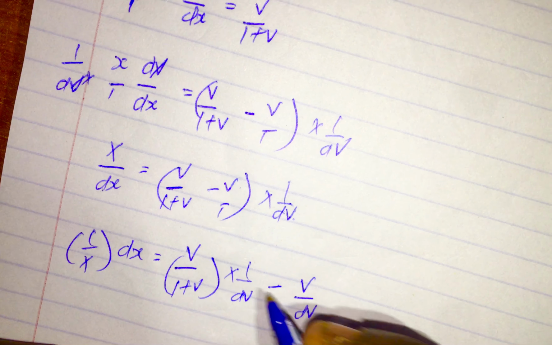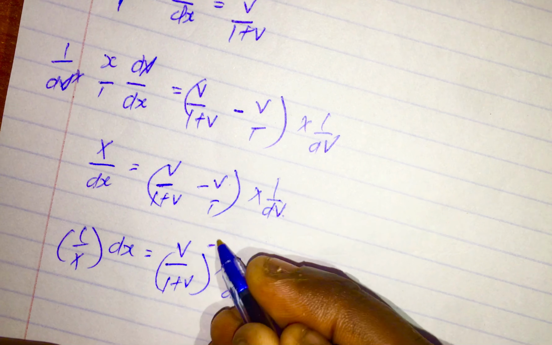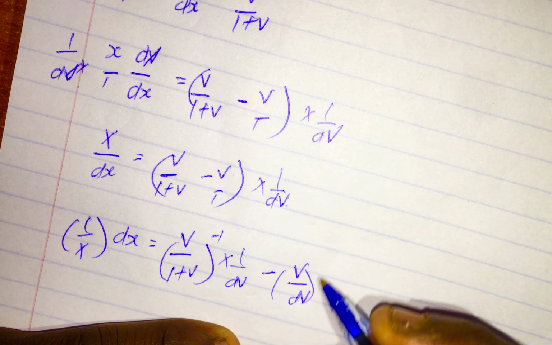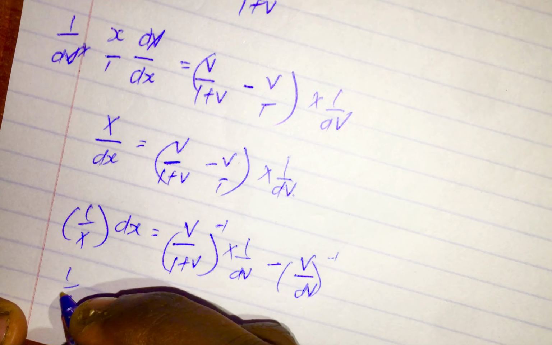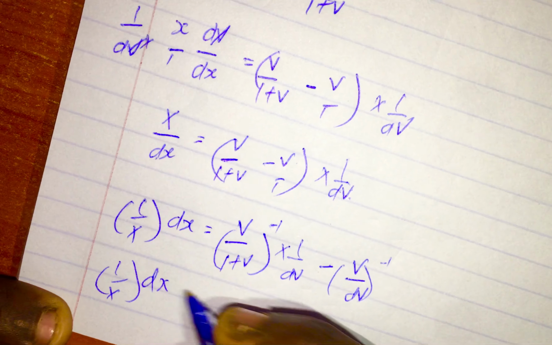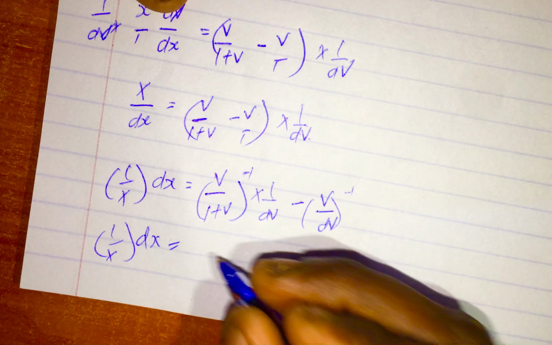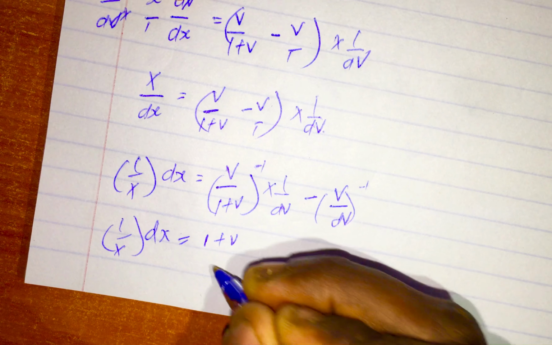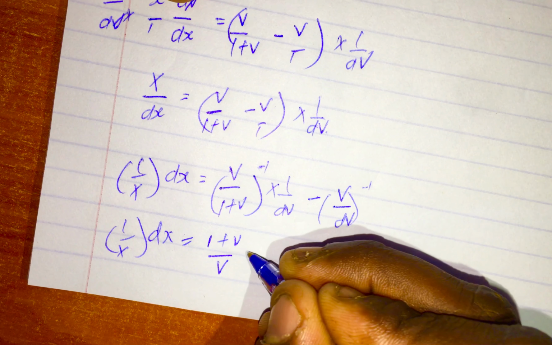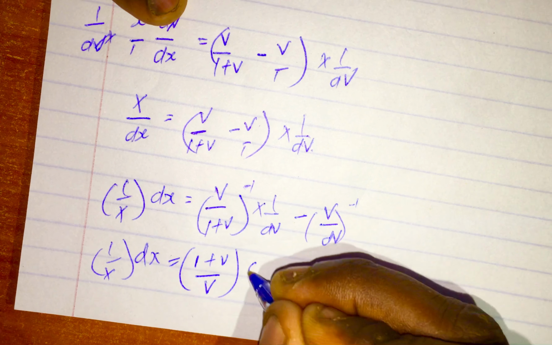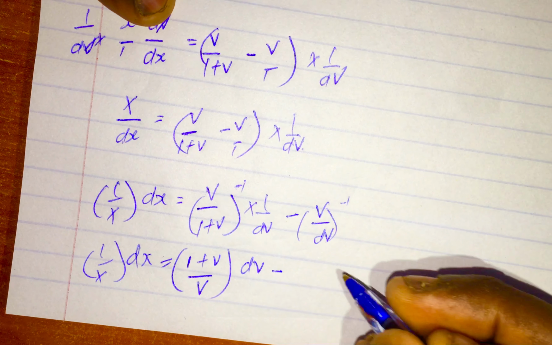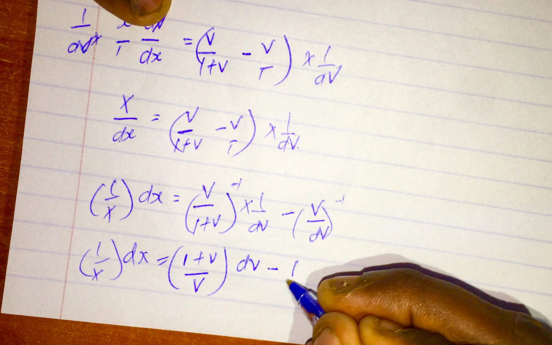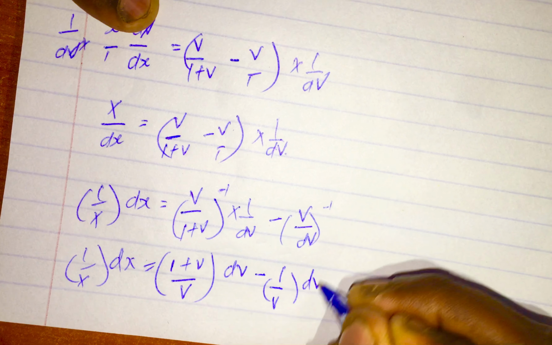So if you get the inverse of both functions, you're going to have 1 over x dx is equal to (1 plus v) over v dv minus 1 over v dv.